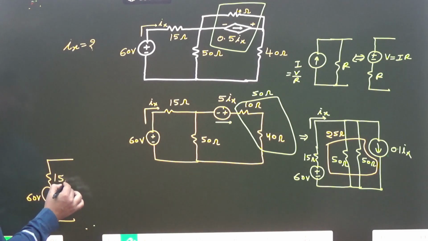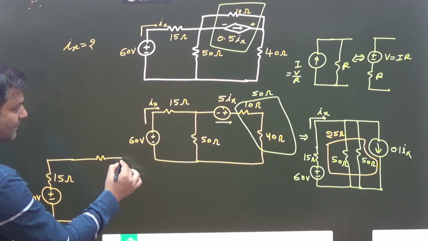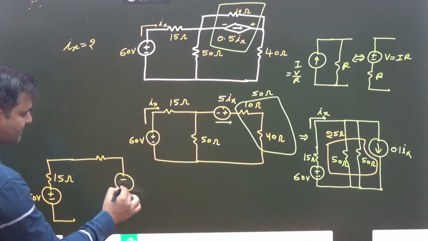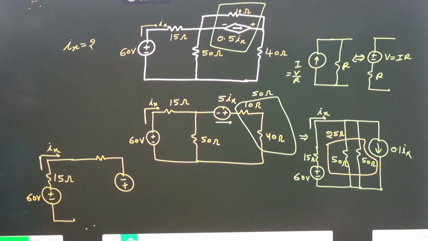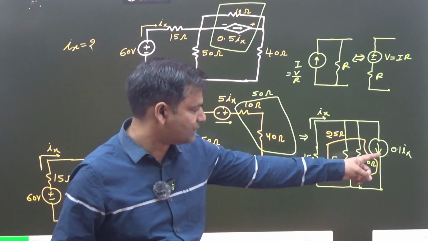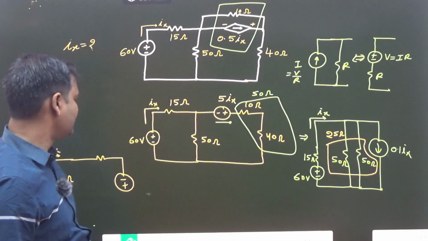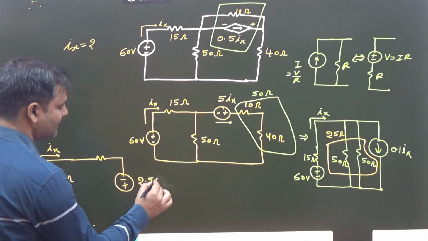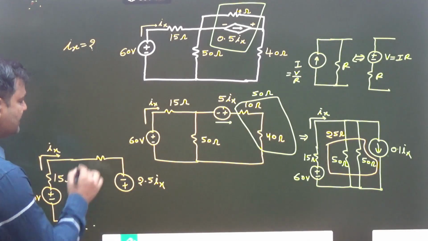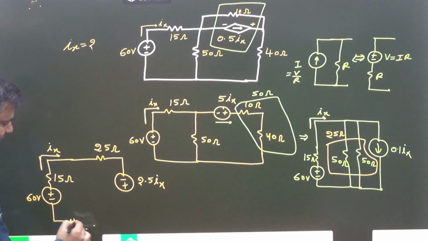We got here 15 ohm, and here plus minus 60, and that one is here minus, here plus. Okay, 0.1Ix into 25, that is 2.5Ix. And the resistance is 25 ohm. After that, these two are connected here.